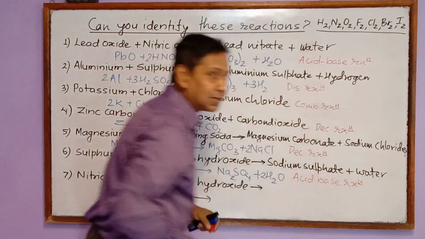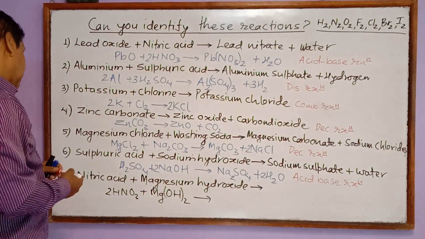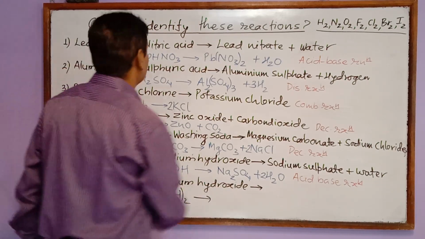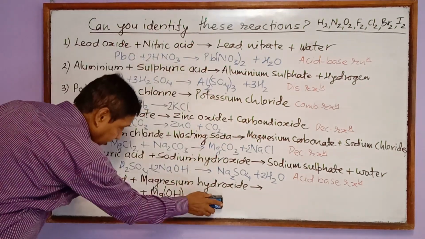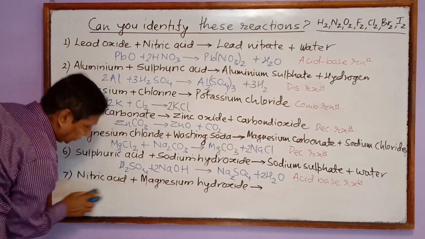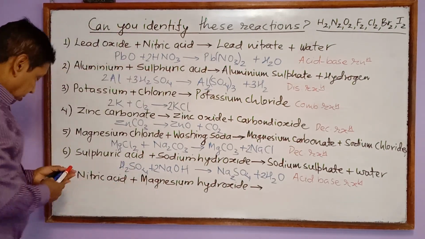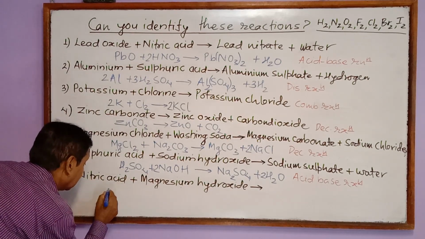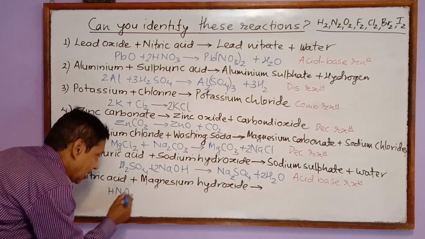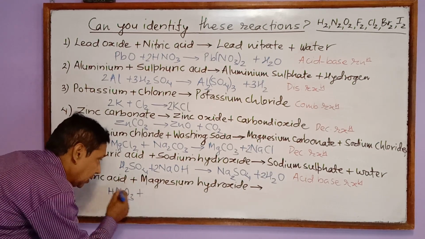Now I am doing the last reaction. The last reaction is what? Nitric acid and magnesium hydroxide. Let's write it with blue ink and from the beginning. Nitric acid, if you remember, is HNO3. This we have to remember directly.